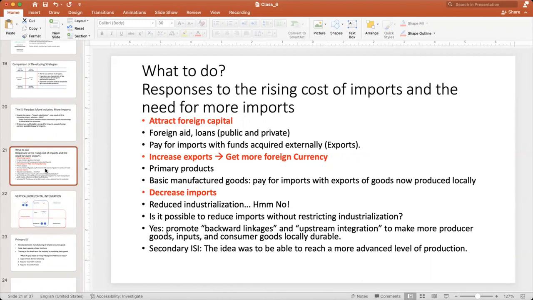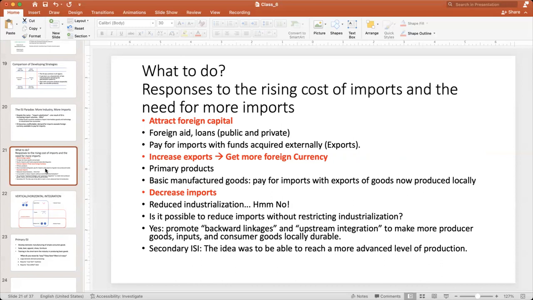So there are three possible responses to the rising cost of imports and the need for more imports in this situation. The first one is that you could attract more foreign capital, and we are going to cover foreign capital next week. But basically, foreign capital could be foreign aid or loans, and loans could be public and private.